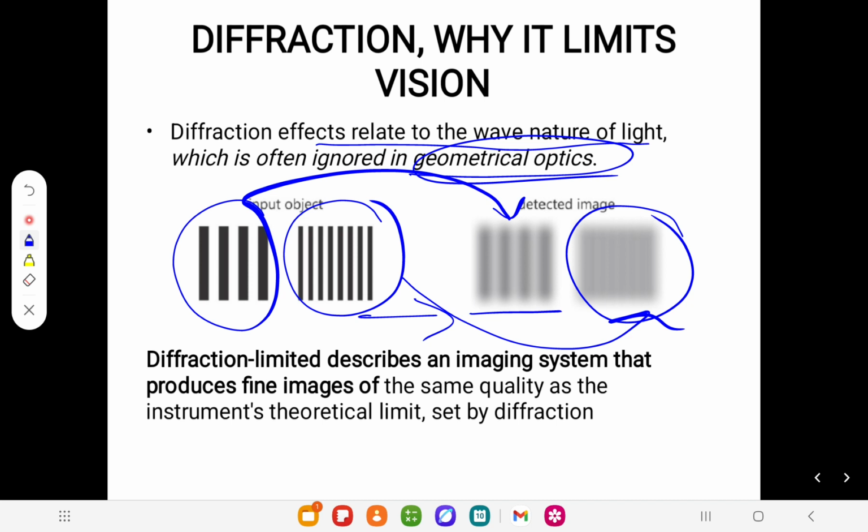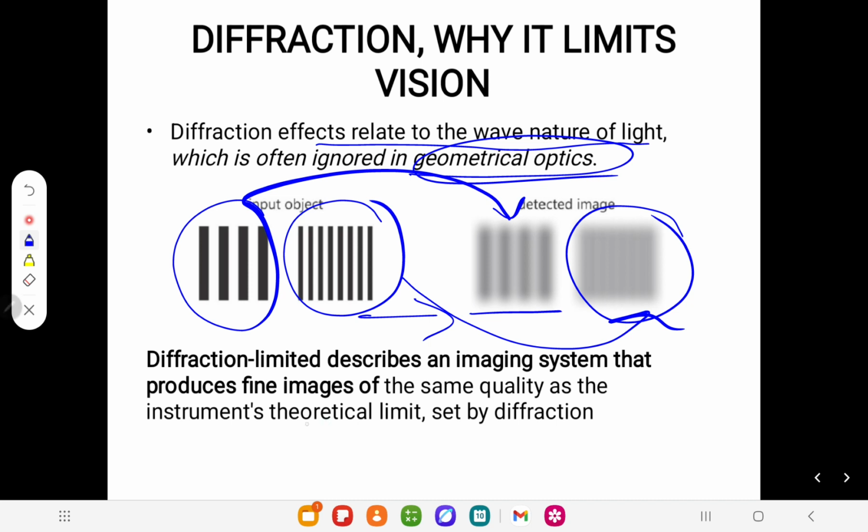Okay, so diffraction limited system. Many times you see this in your textbooks or other standard books. What do you mean by diffraction limited system? Diffraction limited describes an imaging system that produces fine images of the same quality as the instrument's theoretical limit set by diffraction.